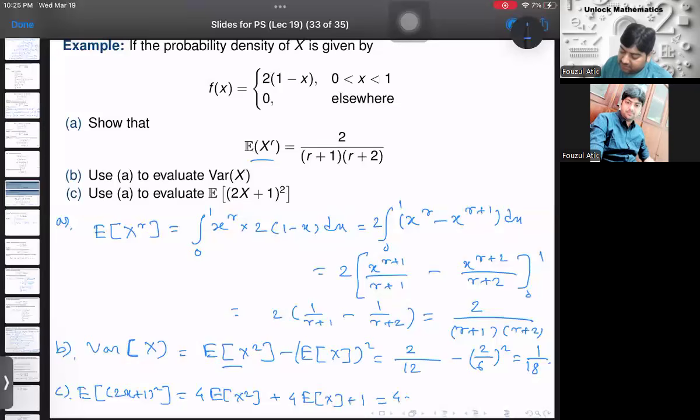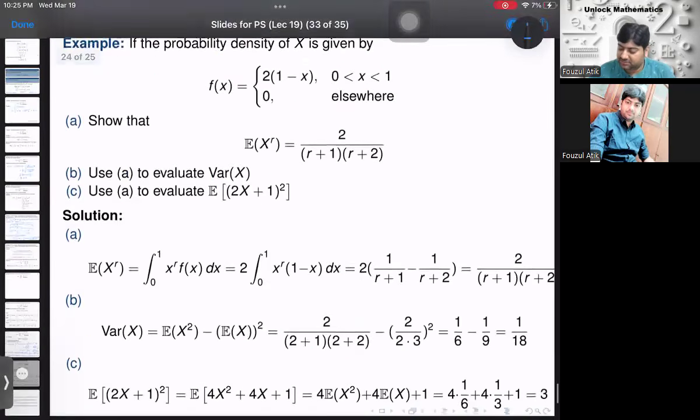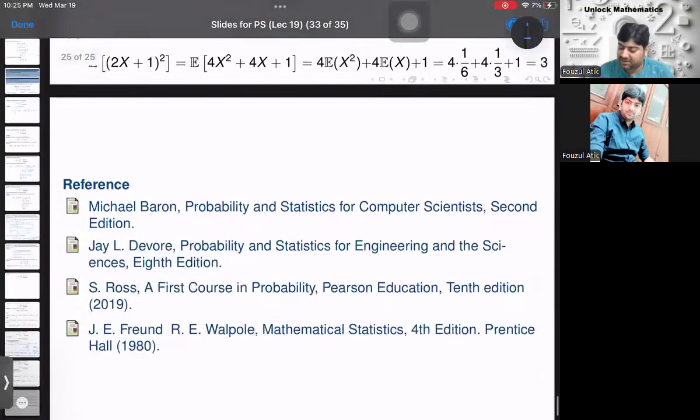So 4 times 1 by 6 plus 4 into E of x, which is 1 by 3 if you put r equal to 1, so 4 into 1 by 3, and plus 1. Again, if you simplify, you'll get the answer 3. So yes, this was the answer, as we have done.